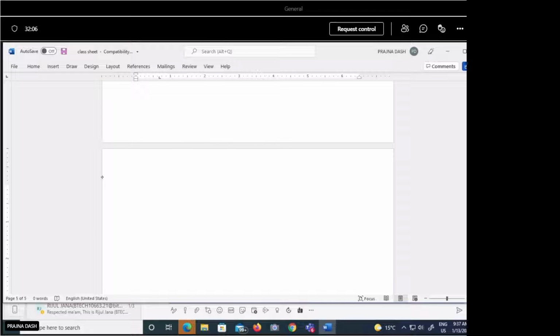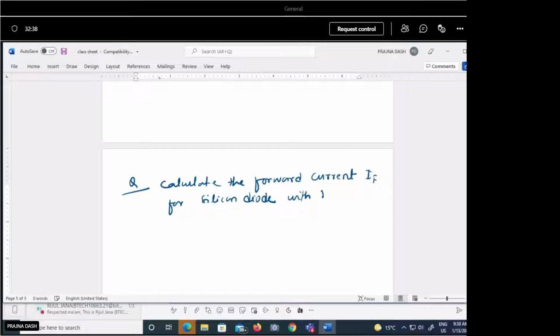Okay. So the question is, calculate the forward current IF for a silicon diode with dynamic resistance RD equal to 0.25 ohm.